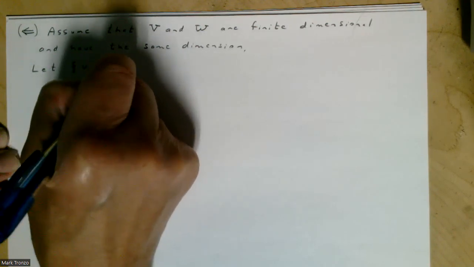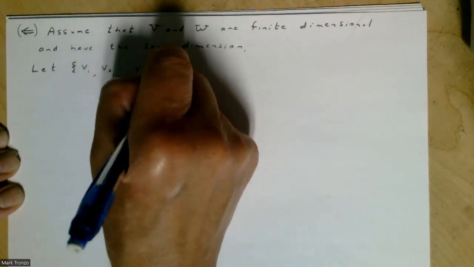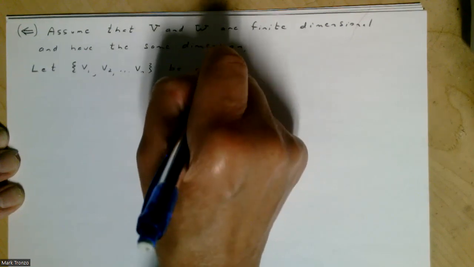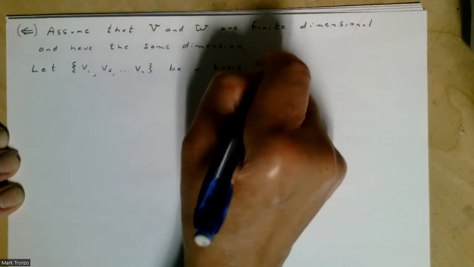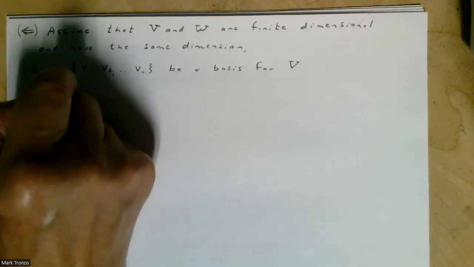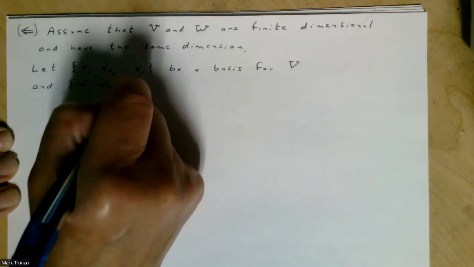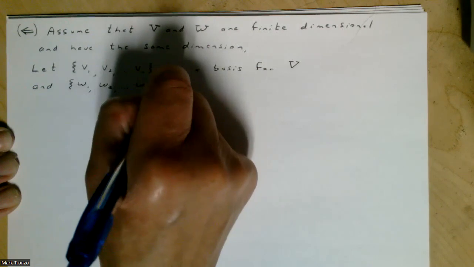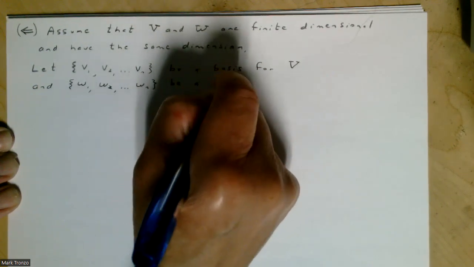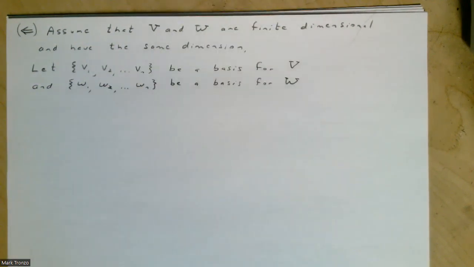Let V1, V2, Vn be a basis for V, and W1, W2, Wn be a basis for W. Again, since these are finite dimensional vector spaces, they each have a basis.